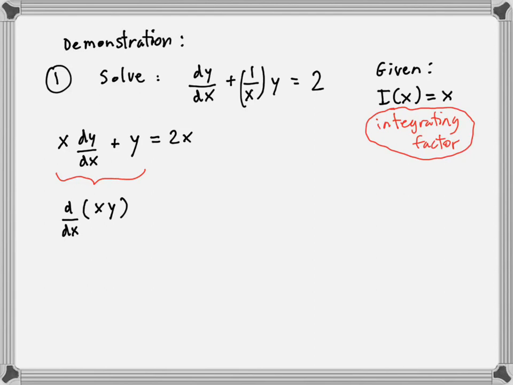Remember, the way you differentiate this using the product rule, it would be the first times the derivative of the second, that's x times dy/dx, which you see above, plus the derivative of the first, which is 1 times the second. So hopefully you guys see that the derivative of this is given above by implicit differentiation. So this is what we get.